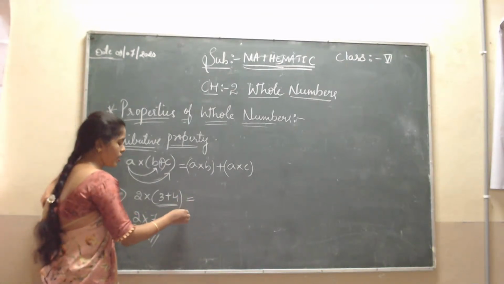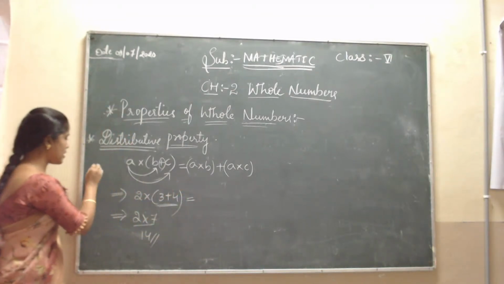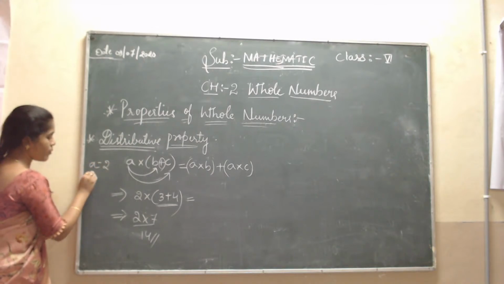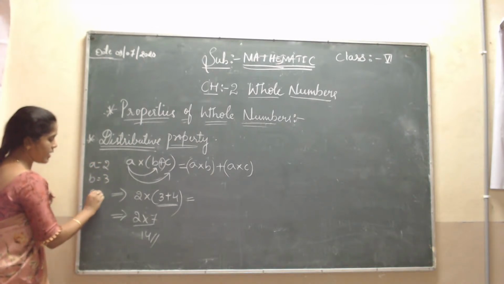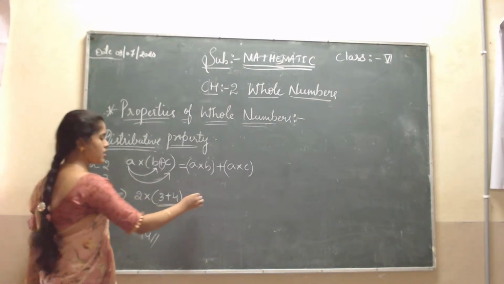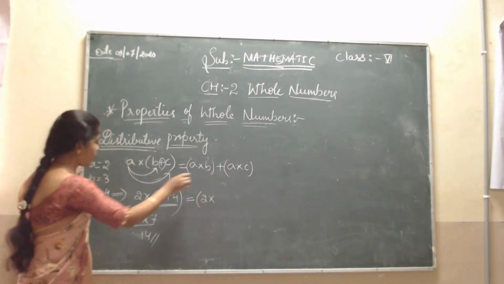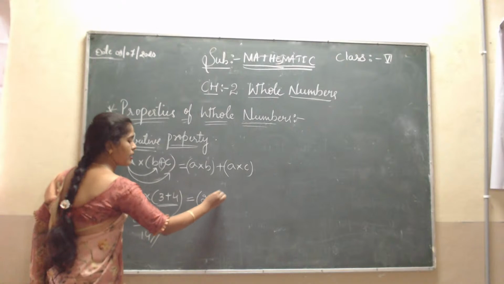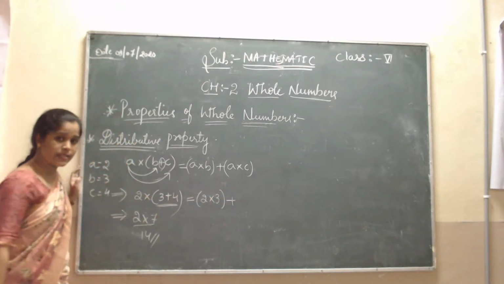See, now here A is 2, B is 3 and C is 4. A is 2 into B is 3. Keep plus as it is.